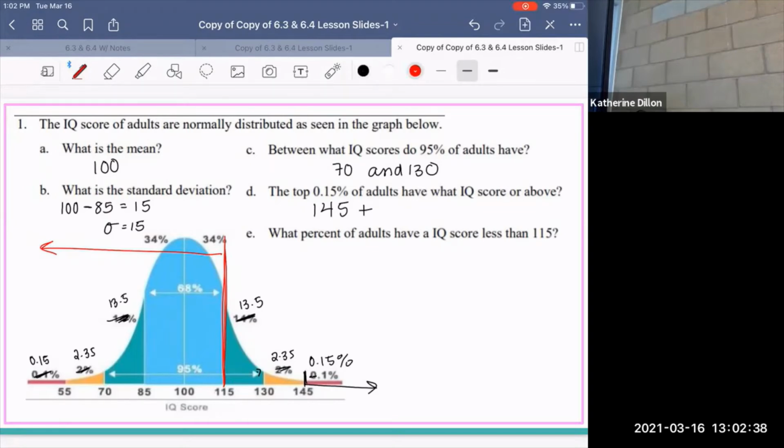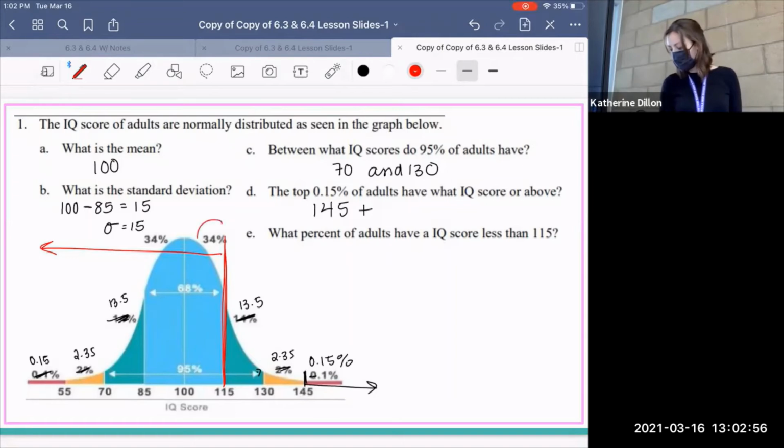Depends on what numbers you use, if you use the ones on the screen or not, it is about, oops, what did I write on here? Yeah, it's about 84%. If you got a decimal off, that's fine.